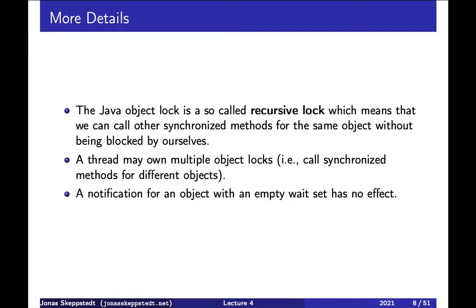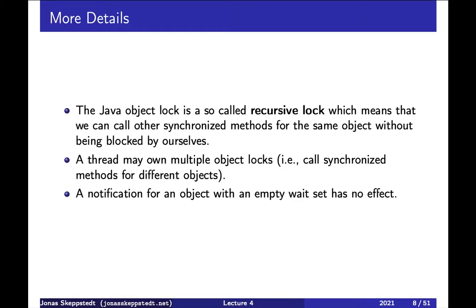And of course this could be used for recursive functions, but typically it's used for a different synchronized method of the same object. This name was introduced long before Java was introduced. A pthreads lock is by default not recursive. You have to specify that it should be a recursive lock.